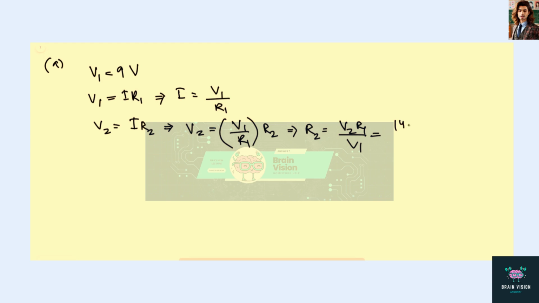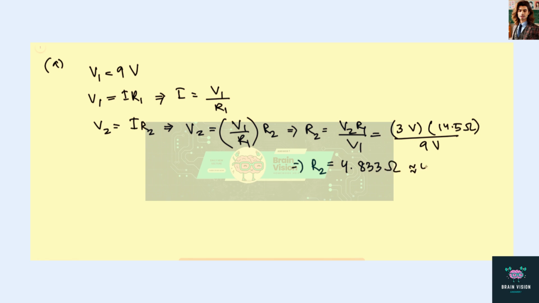And let's plug the values now. V2 is 3 volts, R1 is 14.5 ohms, and V1 is 9 volts. And this gives R2 to be equal to 4.833 ohms.